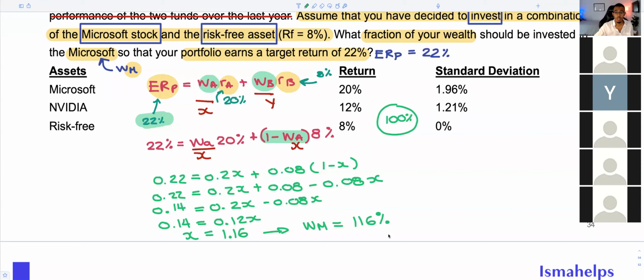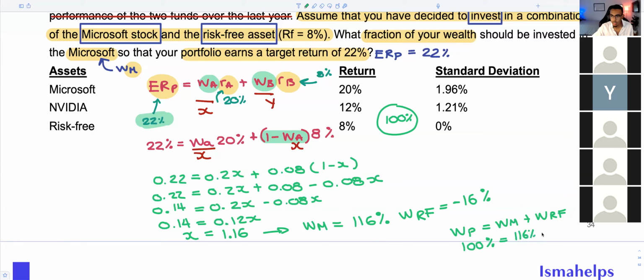The way it could be bigger than 100%, and this is something you'll look at a little more in the next chapter, is if the weight of the risk-free rate is equal to minus 16%, such that both weights, the weight invested in the portfolio, which is weight M, plus the weight of RF, is equal to 100%, right? Because we know that it cannot be more.